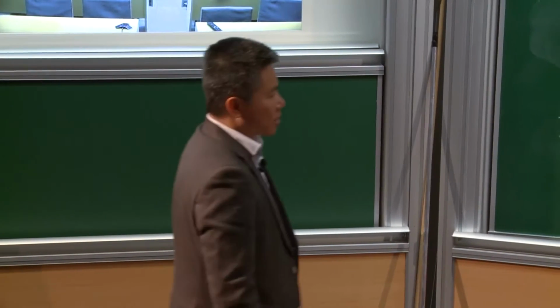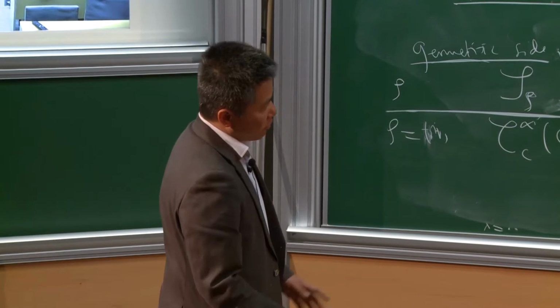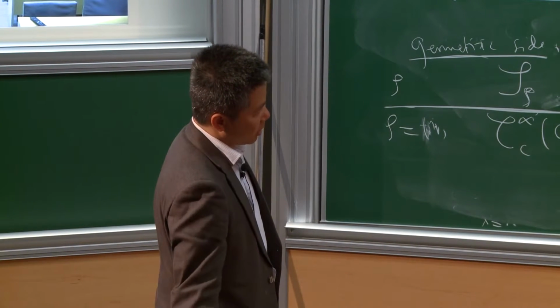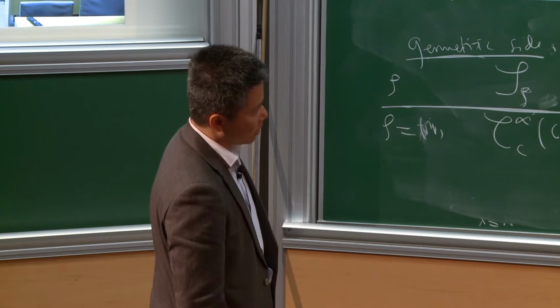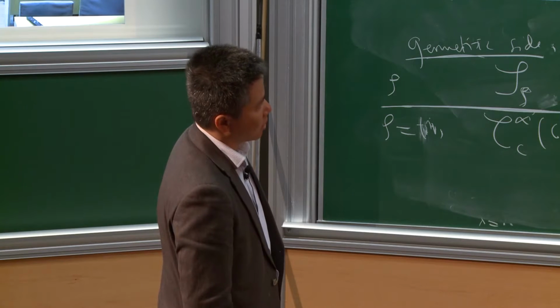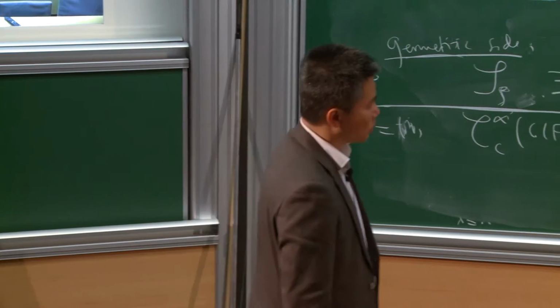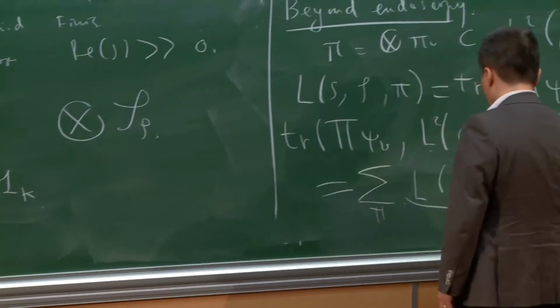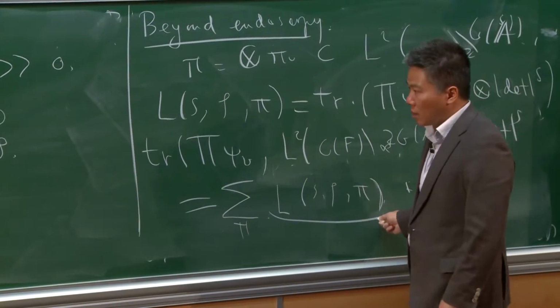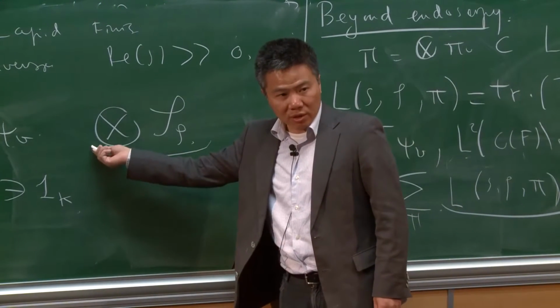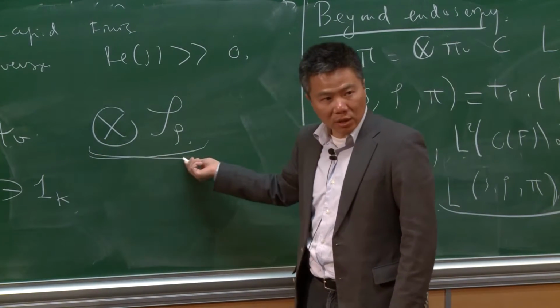Okay, so here I think there are diverging approaches. There's the approach by Braverman and Kazhdan, later pursued by Laurent Lafforgue, who would like to prove the functional equation of this L(s, rho, pi) by using the trace formula on the geometric side, the trace formula on this side, right?